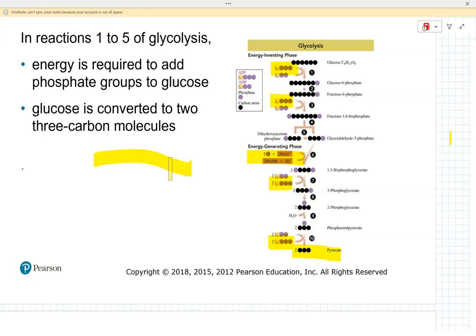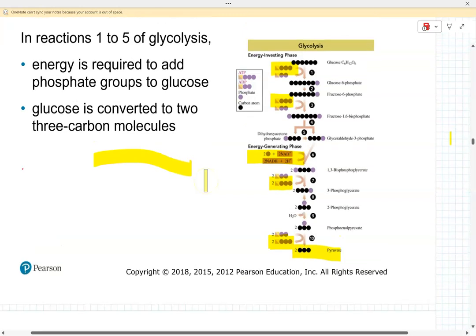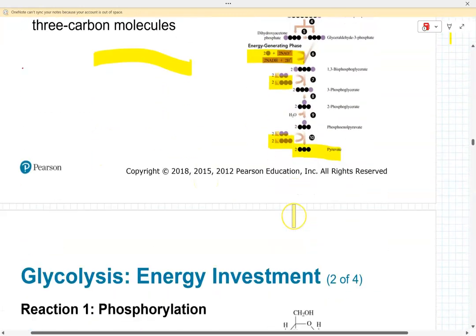How many glucose molecules do you see in the beginning? 1. How many carbons? How many pyruvate molecules do you see at the end? 2. How many total carbons? 6. Everybody follows me? So instead of 1 6-carbon molecule, we have 2 3-carbon molecules.